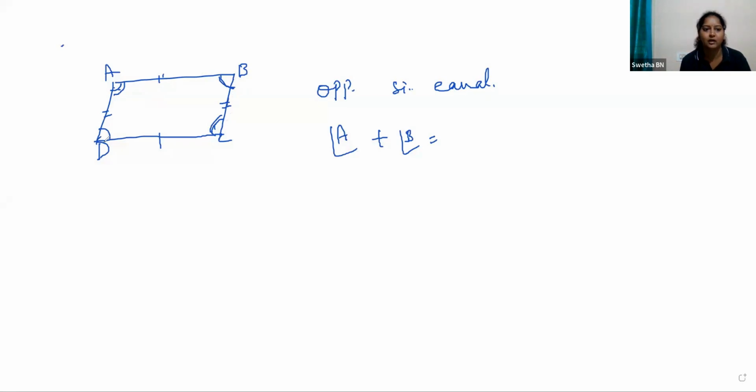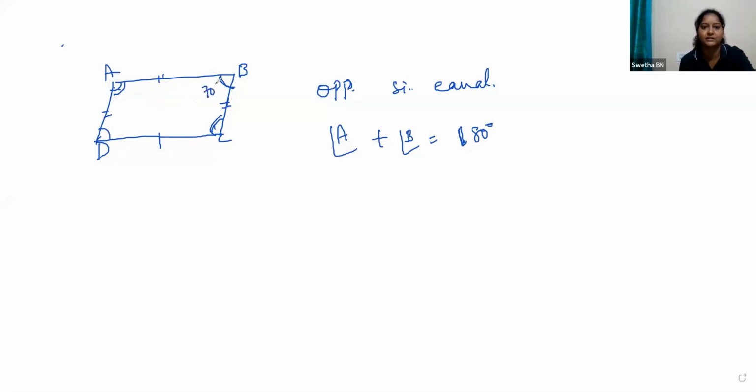B, C or D and C. These are adjacent angles. See, the two angles are having same side. DC is common for D and C, like that. A plus B is equal to 180 degree. So sum of two adjacent angles will be 180. So if you know one angle, you can find remaining all the angles.